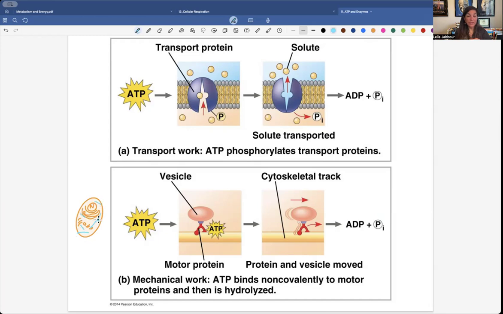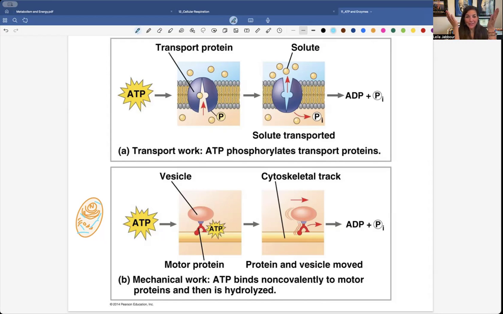And cytoskeletal proteins are protein fibers that are just floating inside the cytosol. Well, they have a job, and one of them is to act as rails. They're literally laying down in the cell just to be rails for vesicles to be moved from one place to another.